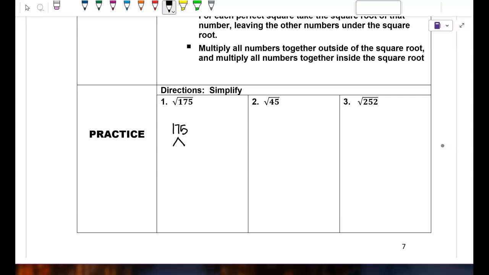Aaliyah, let me go back a step. What is a number that I know will divide into 175? 5. 175 ends in 5. I know that 5 goes into anything that ends in 0 and 5. So I know 5 is going to be one of my factors.